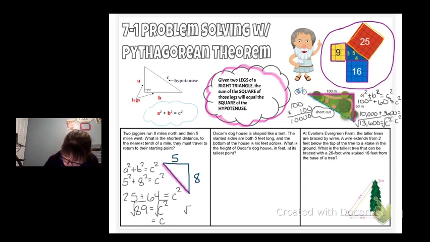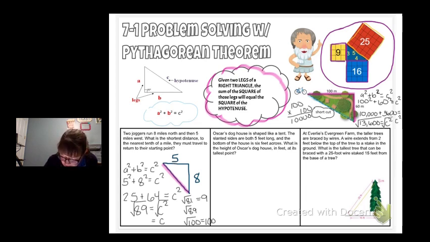Or I know that the square root of 89 would be somewhere between, if I think of square numbers that are near 89, we did this at the beginning of the year where we estimated square roots. 89 is between 81 and 100. The square root of 81 is 9. The square root of 100 is 10. 89 is 8 away from 81. It's 11 away from 100.